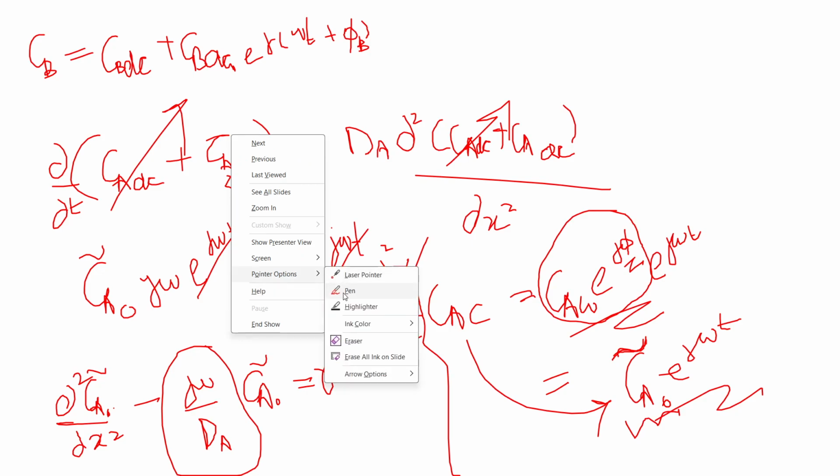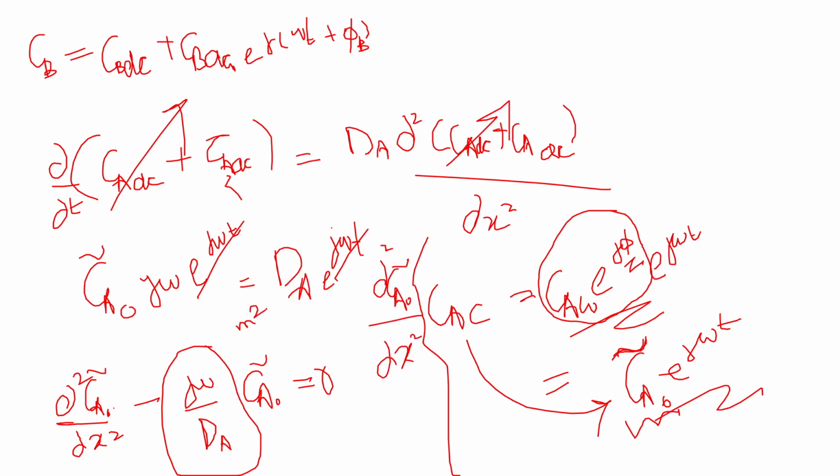This value is m square. So m is root of jω by dA.